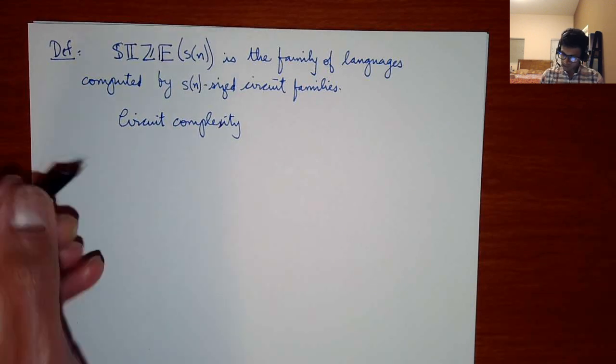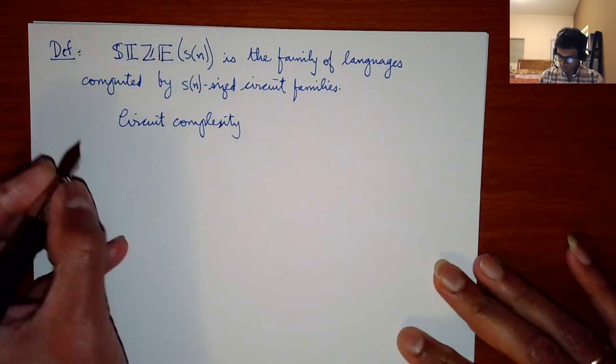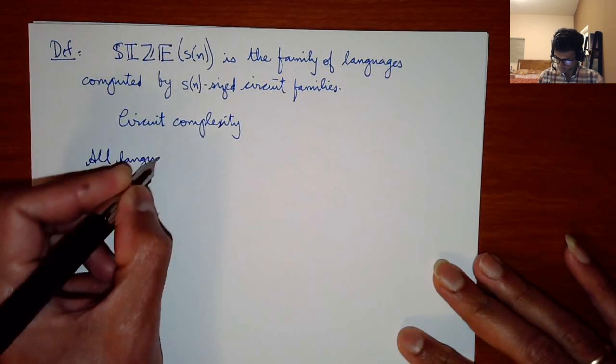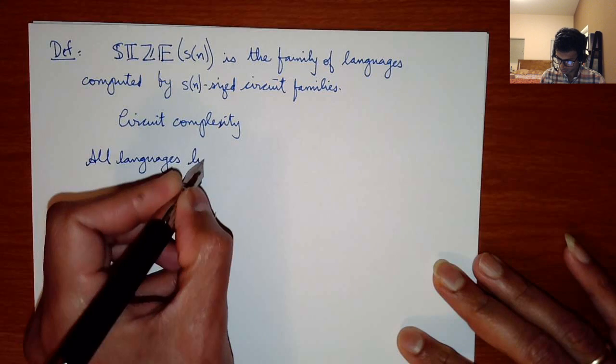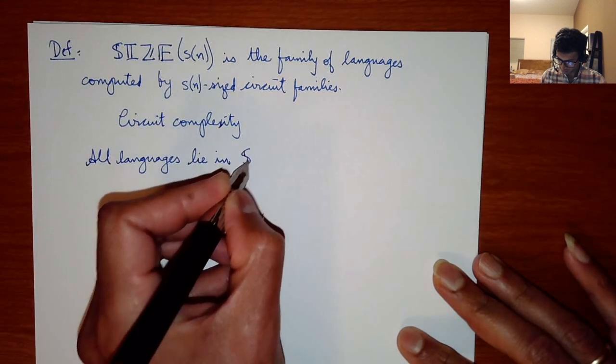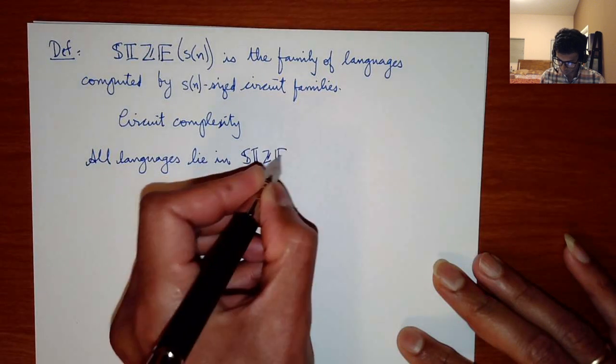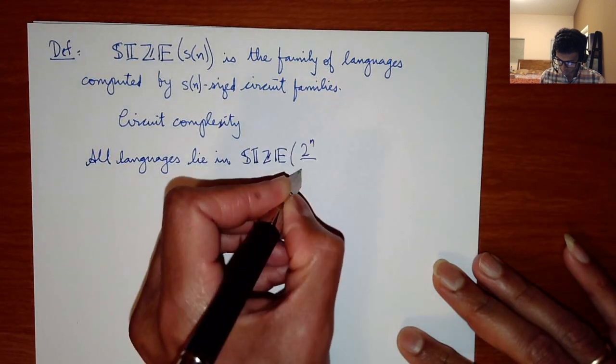And what is nice is that all languages lie in size 2 to the n divided by n.